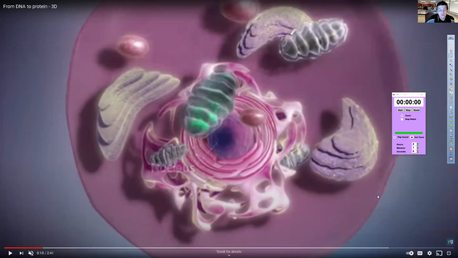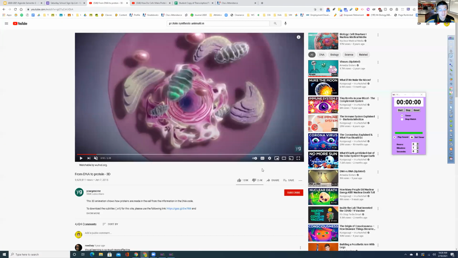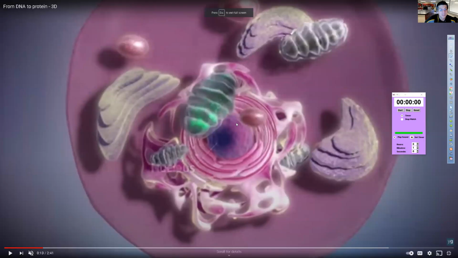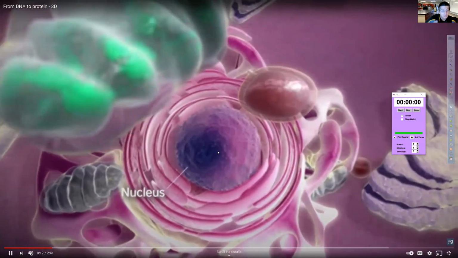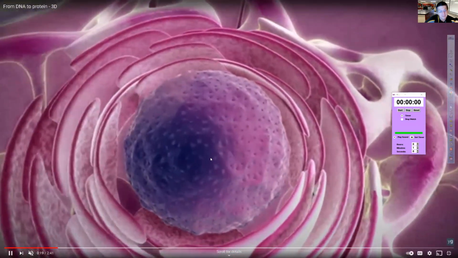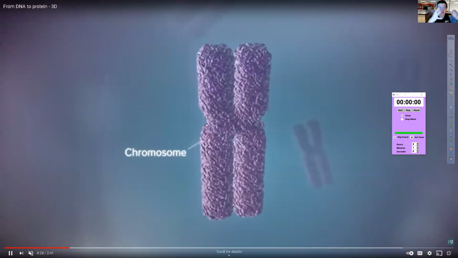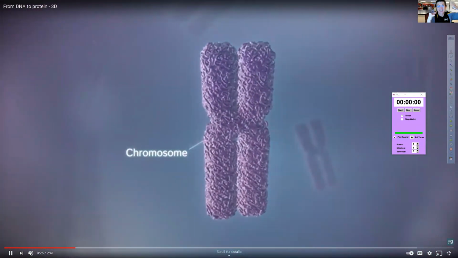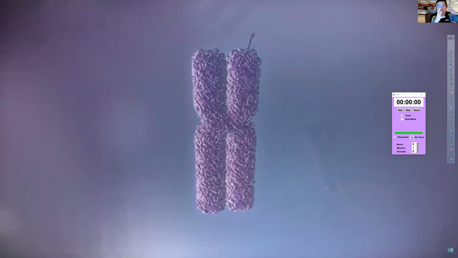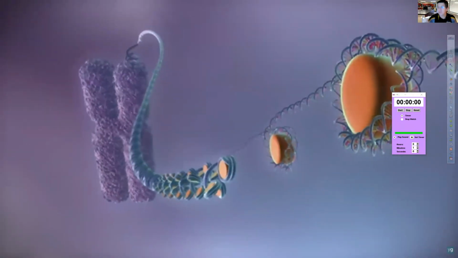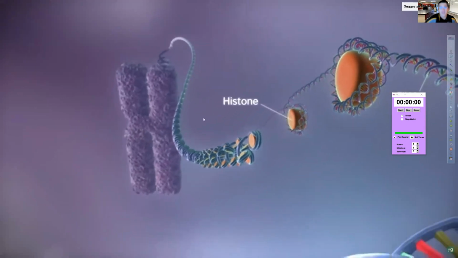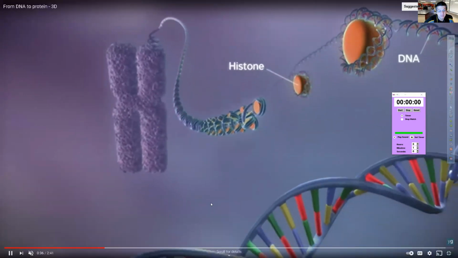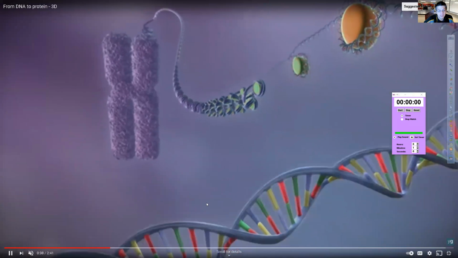So now let's show you what this looks like. We're going to zoom in. Here's the nucleus. When we go inside the nucleus, there's the DNA. The DNA is so long that it has to get really squished together, and we call that a chromosome. But when we need to make a protein, the DNA unwinds, and here is the gene that I'm talking about. See that?